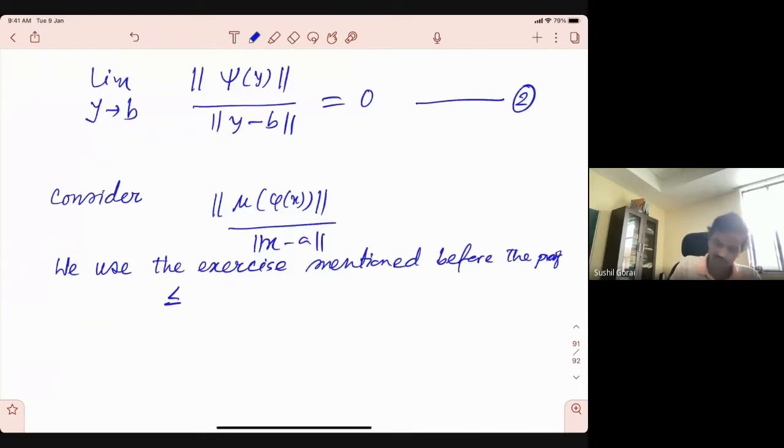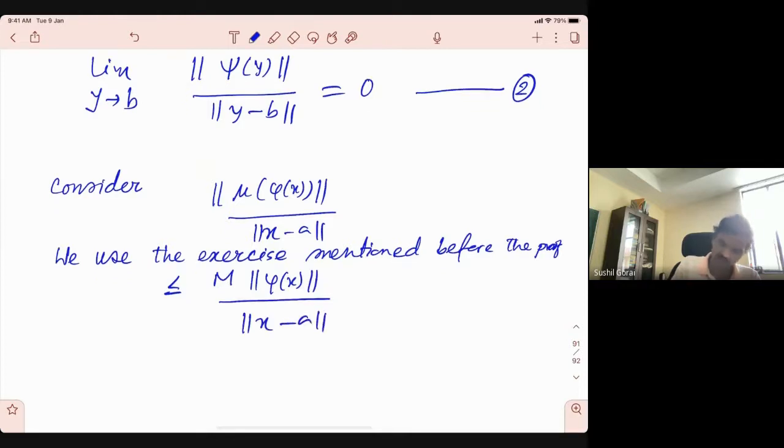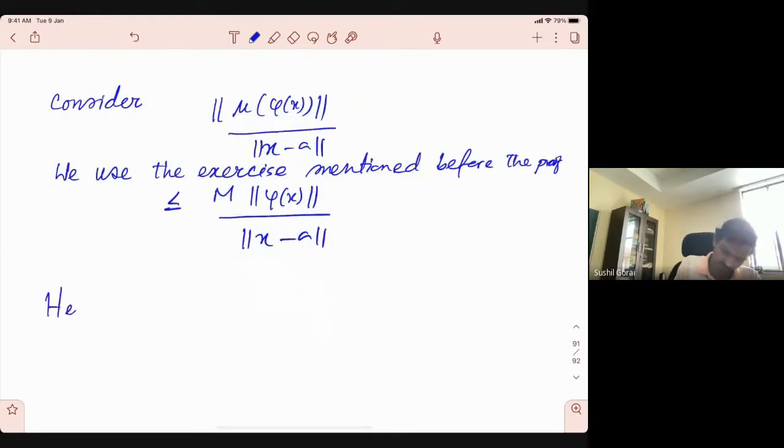Mu is a linear transformation, so there exists m such that the norm of mu of phi(x) is at most m times the norm of phi(x).